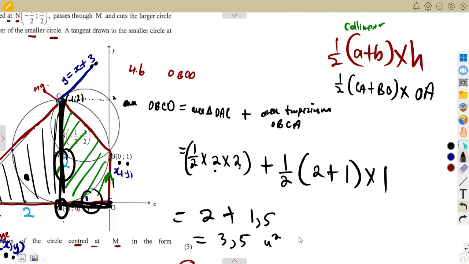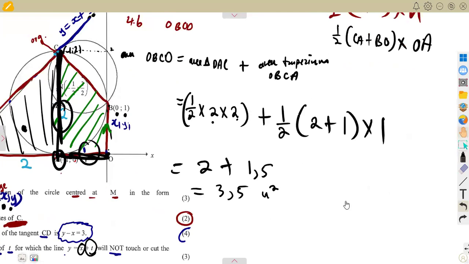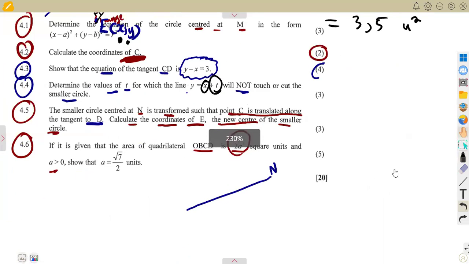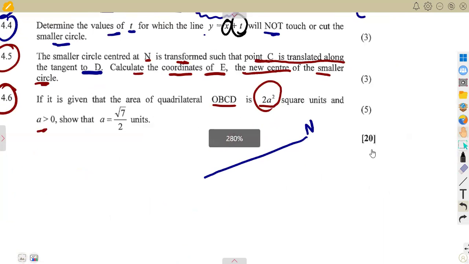as a numerical value. But before, we were given this same area as what? We are given an expression to say the area of this quadrilateral is 2a squared, and a is greater than 0.